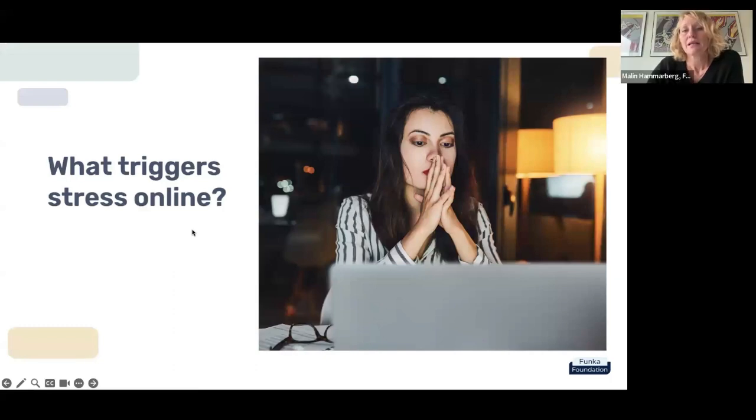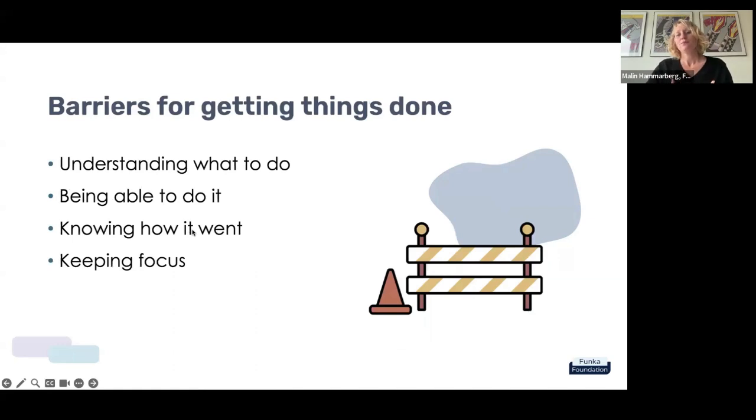So what triggers stress online? Well, if we look at when we go to the web, we have a process or a user journey. First, we need to understand what to do. Then we need to be able to do what we are set there to do. And then we need to get some kind of confirmation, understand how it went.